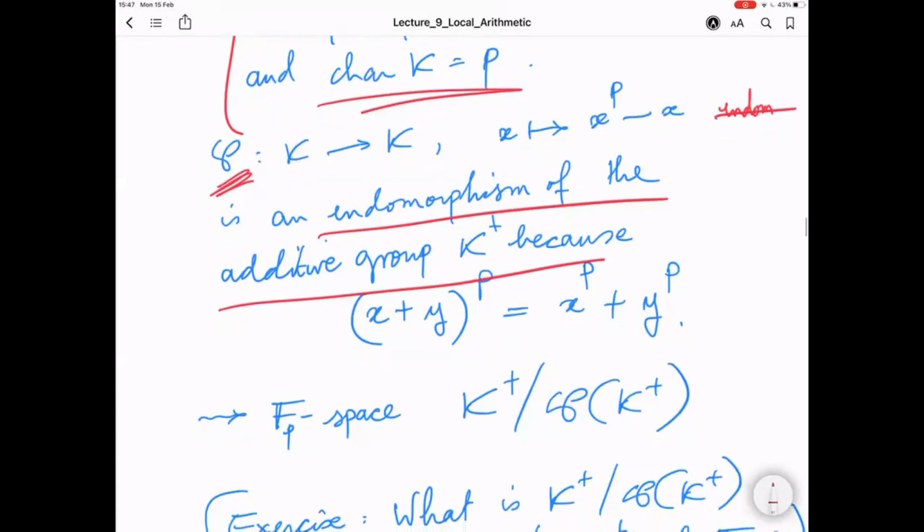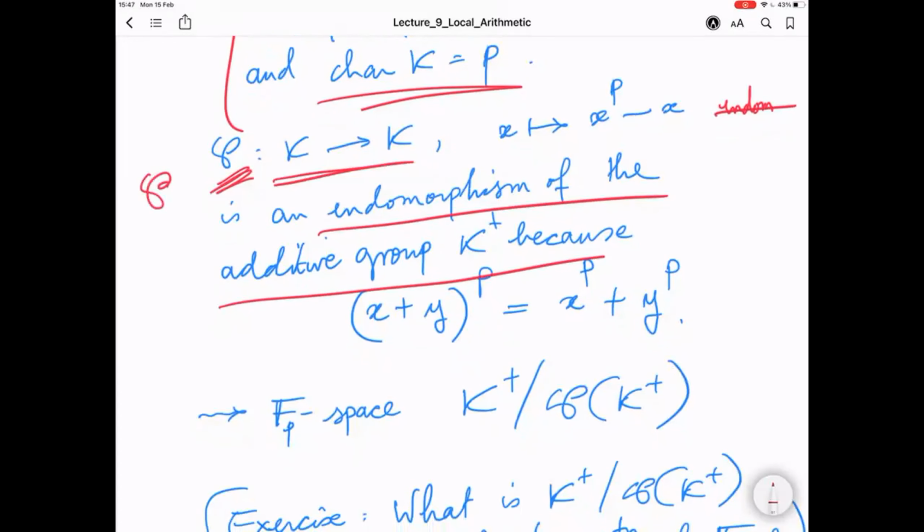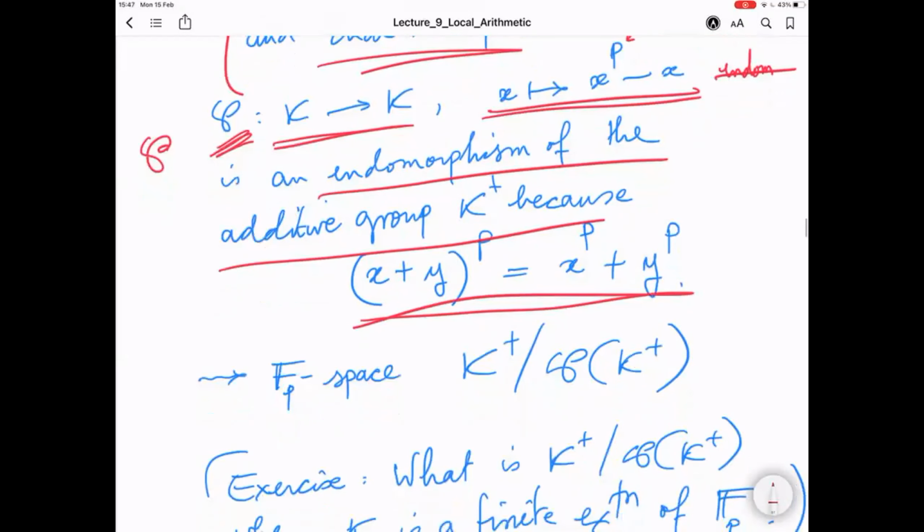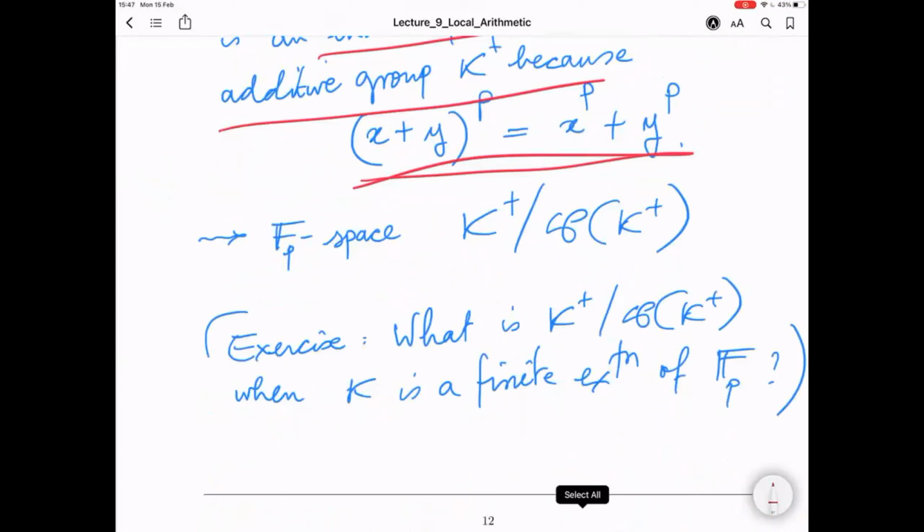This is the funny ℘, like this, right? It takes x to x to the power p, where this p is the characteristic, the usual p, minus x. And that's an endomorphism because of the fact that in characteristic p, (x plus y) to the power p is actually equal to x to the p plus y to the p.